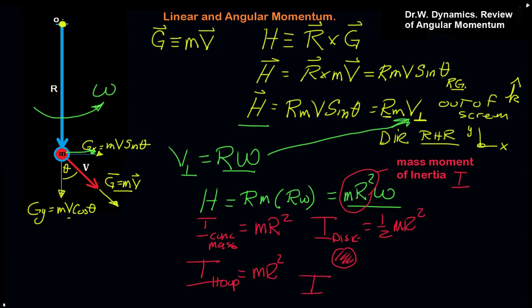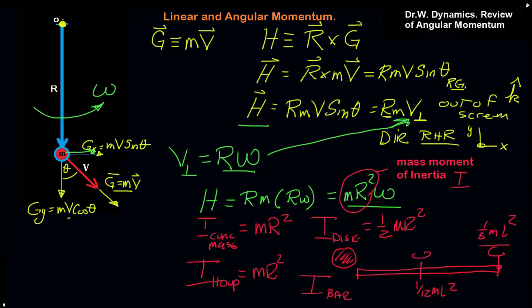The I of a bar, if rotated, has a few values. Here about the center, it will be 1/12 ml squared. If we rotated it about the end, it's 1/3 ml squared.